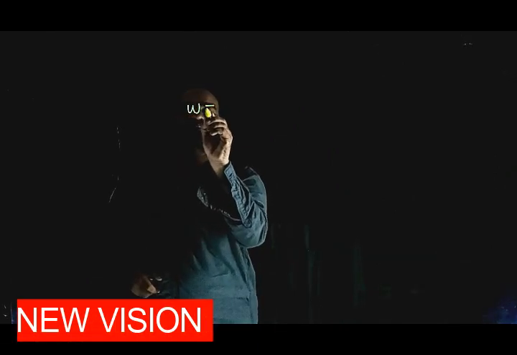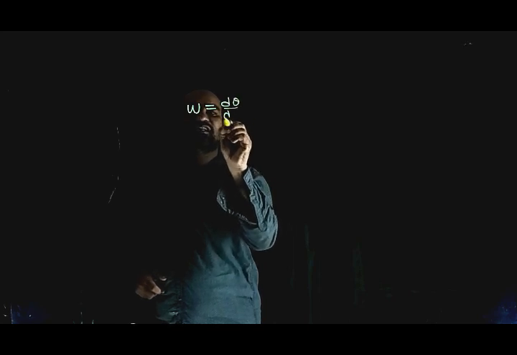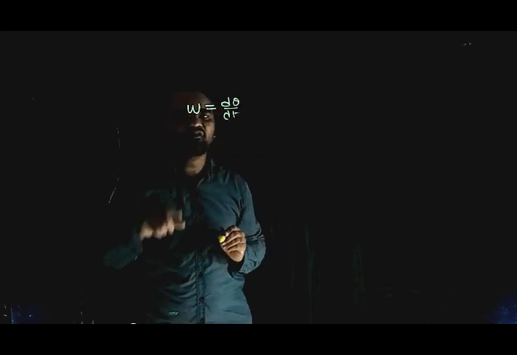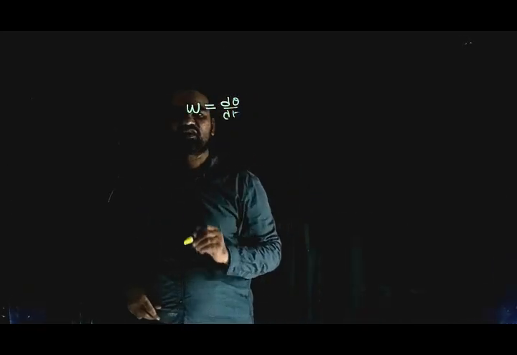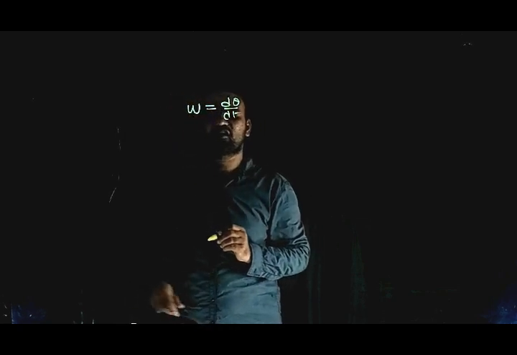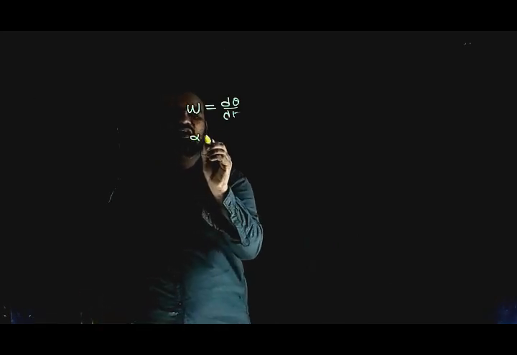From our explanation, W means the angular velocity of the particle, d theta by dt. Angular velocity also depends upon time. That's why the rate of change of angular velocity is known as angular acceleration, denoted by alpha.